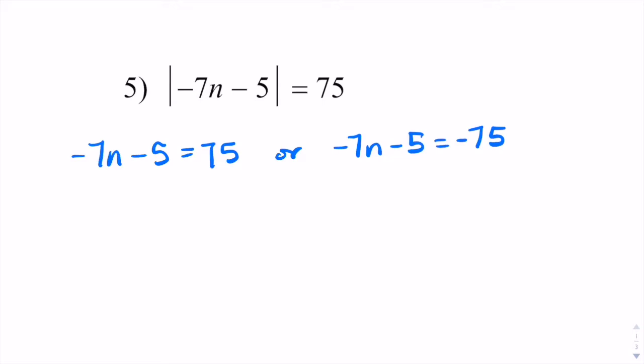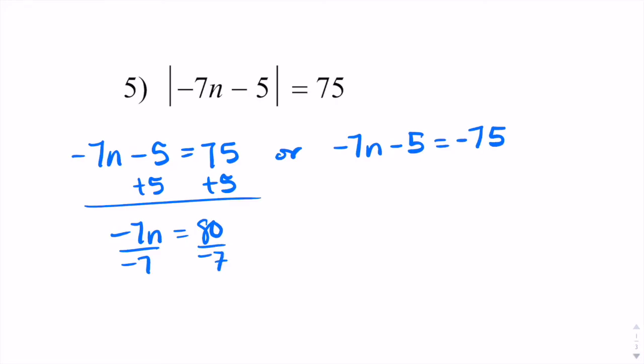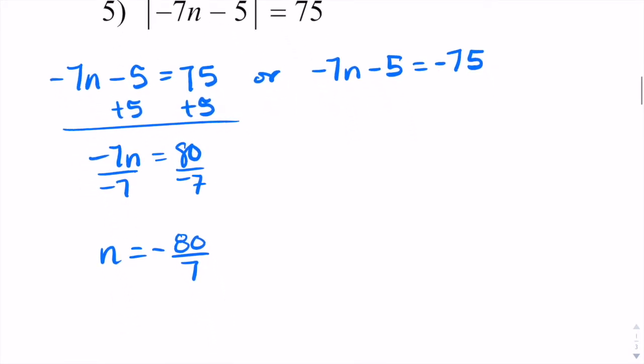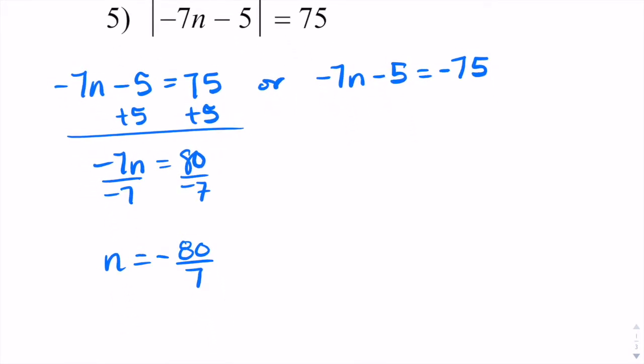Now the inverse operation to solve these is to add 5 to both sides, and we get that negative 7n is equal to 80, and dividing by negative 7, n is equal to negative 80 over 7.